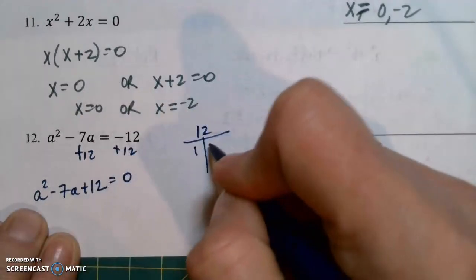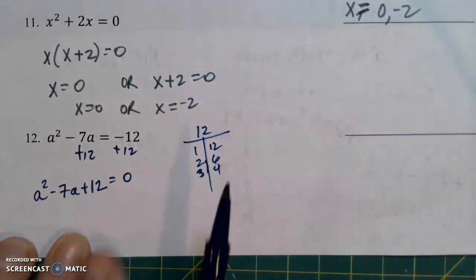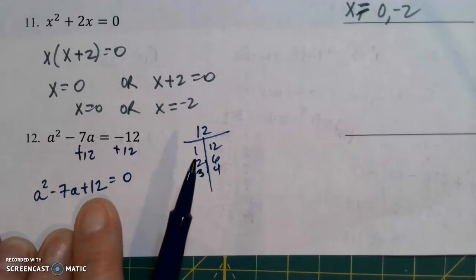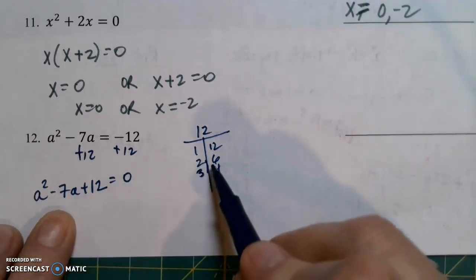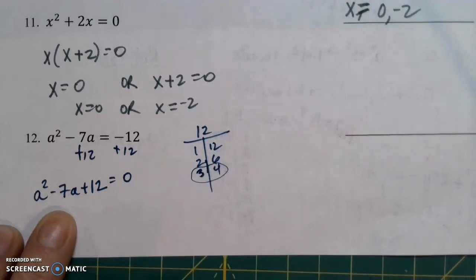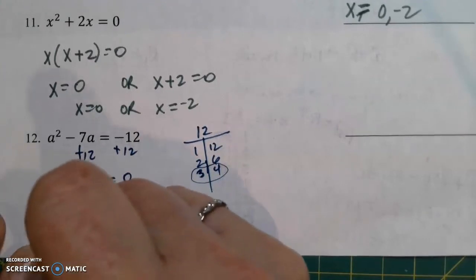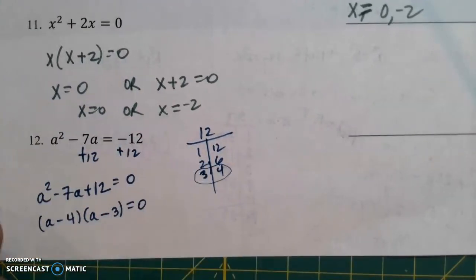So 12 is 1 and 12, 2 and 6, 3 and 4. It's either going to be both addition or both subtraction because of it being a positive final term. So we're going to be adding and using the 3 and the 4. So (a minus 4)(a minus 3) will equal 0.